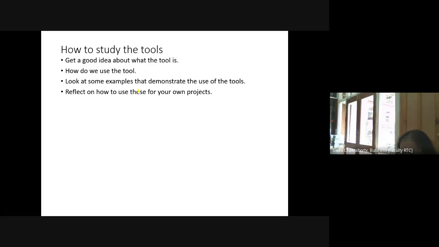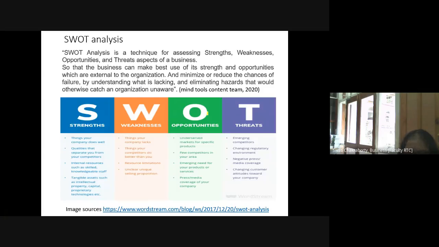Now, how would you study the tools? How can you do it? The first thing is you have to get an idea about what the tool is. You should know how to use it. Look for examples where the tool has been used, and also reflect on how to use this in your projects. So the first tool that we have is SWOT.